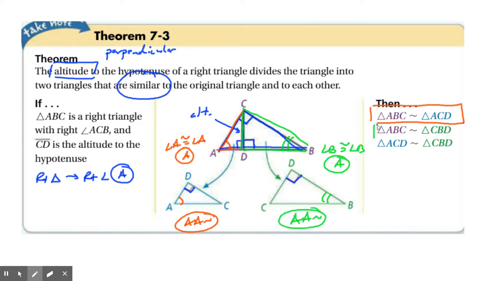And that is this statement right here. And because they're both similar to the big triangle, they are going to be similar to each other. And again, you have to think about angles and how they work, right? But that is true. So we're going to do some problems up ahead that involve pictures like this, showing similarity, then creating proportions and solving those proportions.